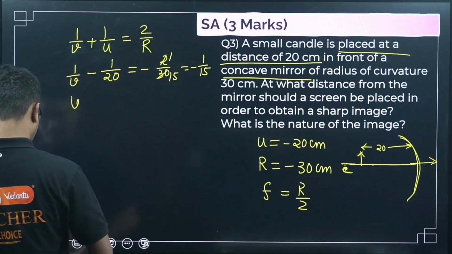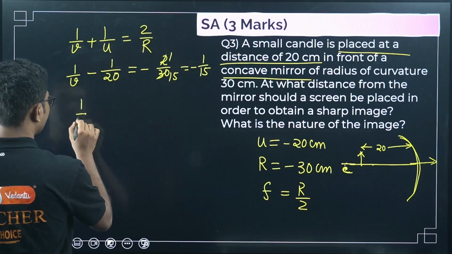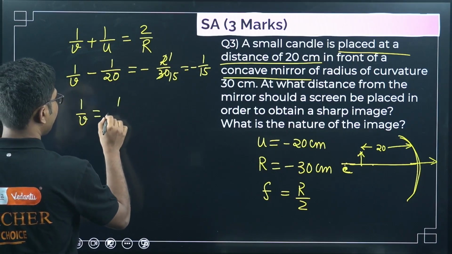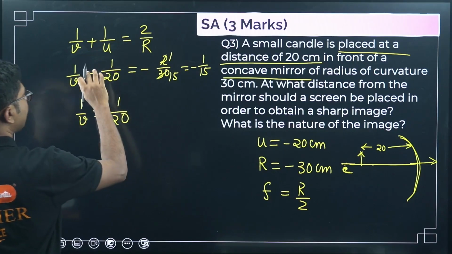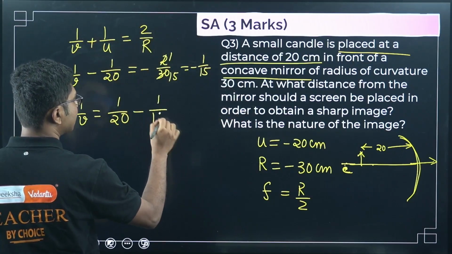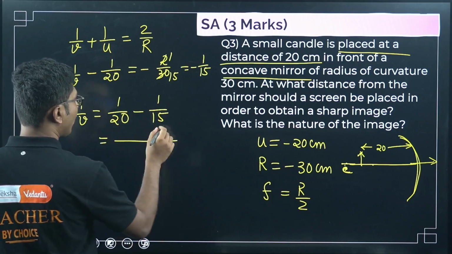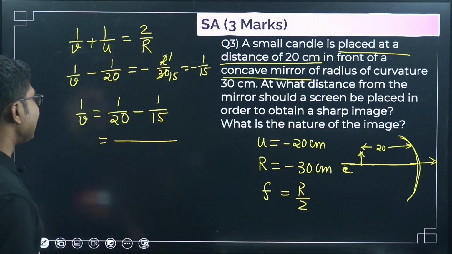Now we are trying to find 1 by v. So 1 by v is equal to 1 by 20. Now this minus 1 by 20 goes to the other side and becomes positive. 1 by 15 was negative already on that side, so it will remain minus. So 20 and 15, what is the LCM?